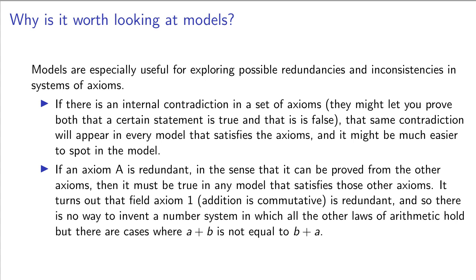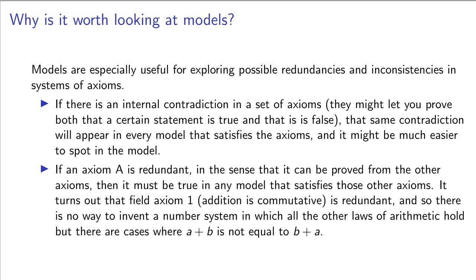With Euclid's 5 postulates, it turns out, no one was quite sure for a couple of thousand years whether his 5th postulate about parallel lines could be proved from the other ones. Well, if you have a redundant axiom like that, then in any model that satisfies all the axioms except the one that you think is redundant, the redundant axiom must also be satisfied.